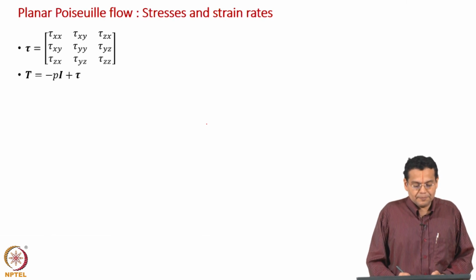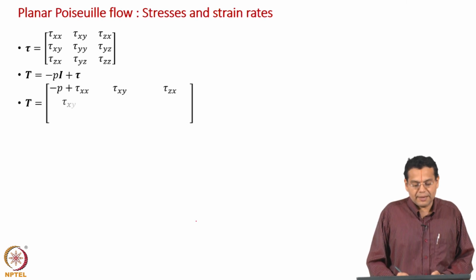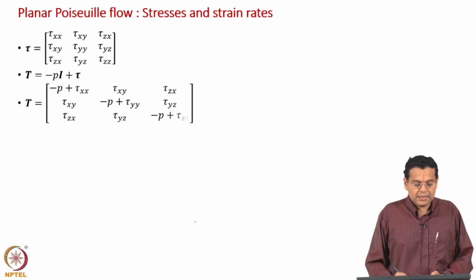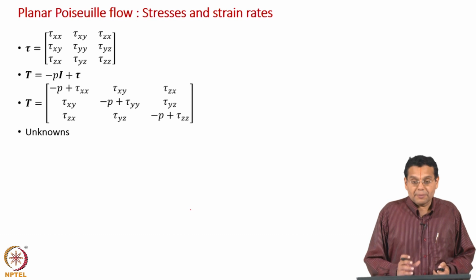Then of course we could express the total stress in terms of hydrostatic stress plus viscous stress, which means it is just adding minus p to the diagonal elements. At this stage we just introduced them as physically meaningful variables, but they were unknowns. So that is where we introduced these, but just as variables.